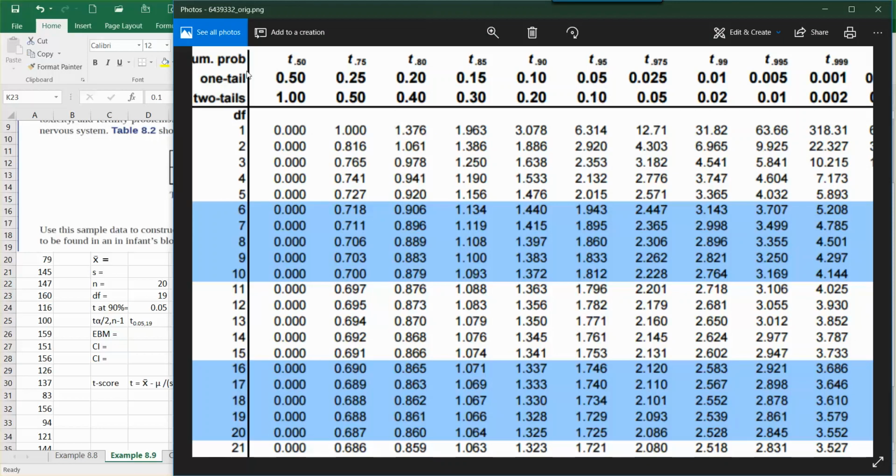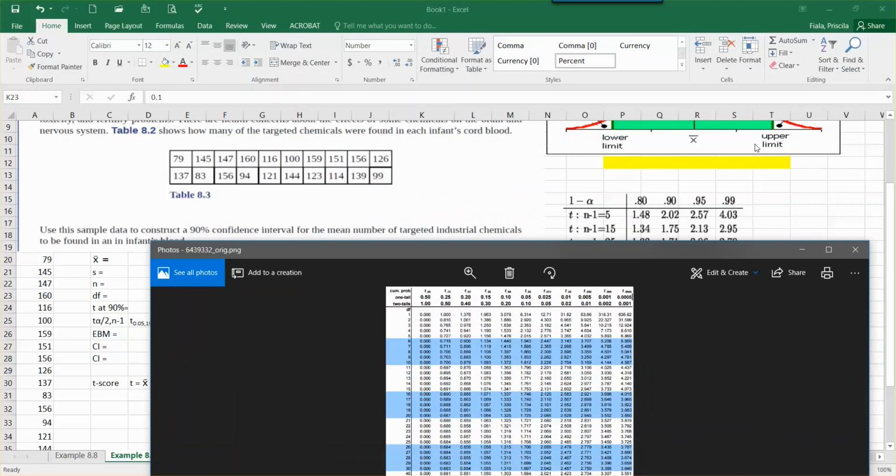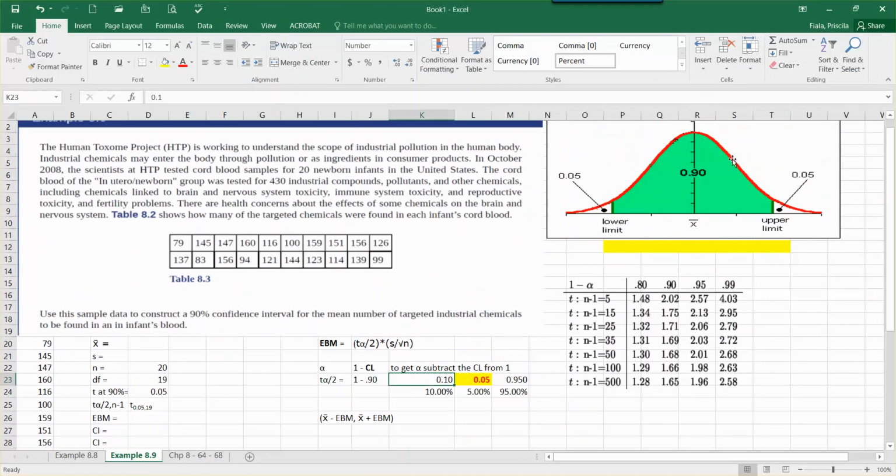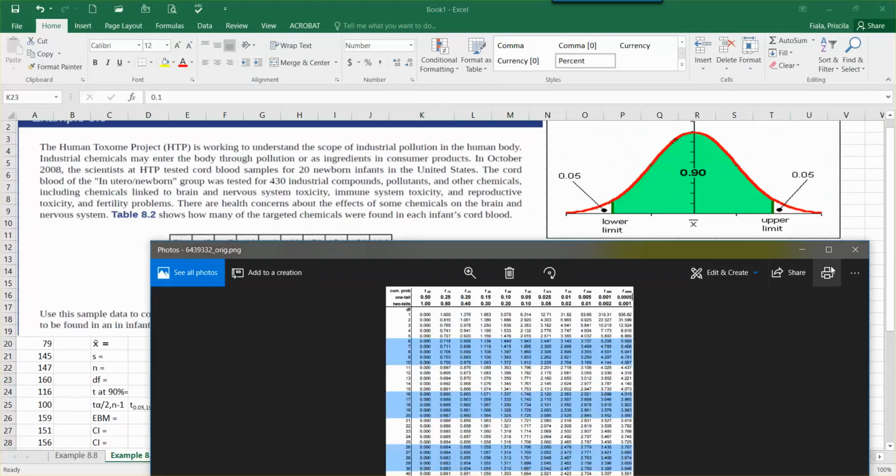It's just telling you that if you use it as a two-tail, do 10%. If you just want a one-tail, then divide it. But in this case, since we do 5% on each side, it equals 10%.